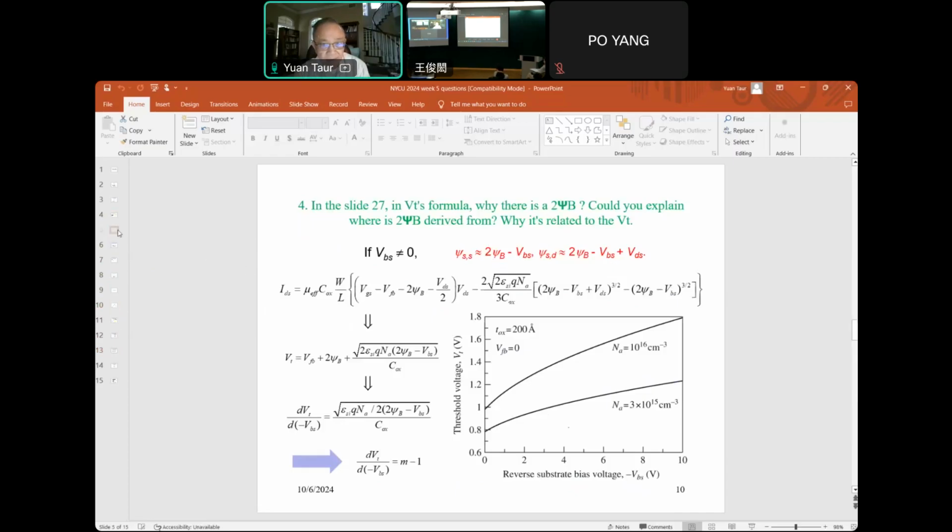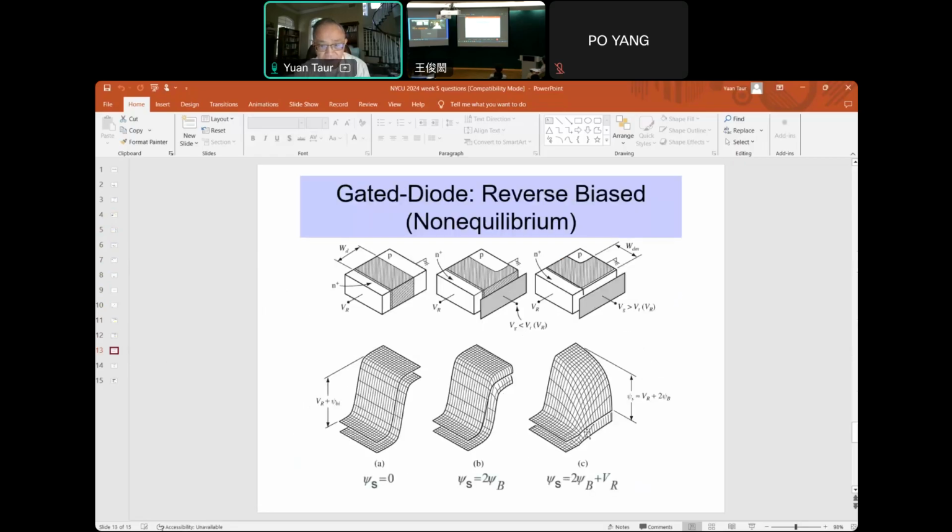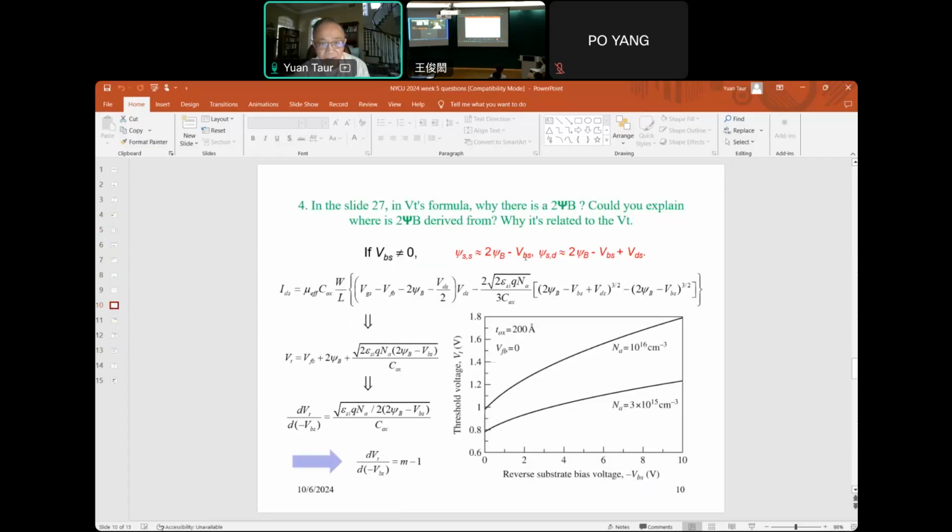So if you have a reverse bias here, essentially the source junction is reverse biased, compared with VBS equal to 0. In that case, the inversion, instead of at two psi B, is at two psi B plus the reverse bias. And that's where this came from. It's two psi B minus VBS. It's essentially the reverse bias on the substrate if VBS is negative.